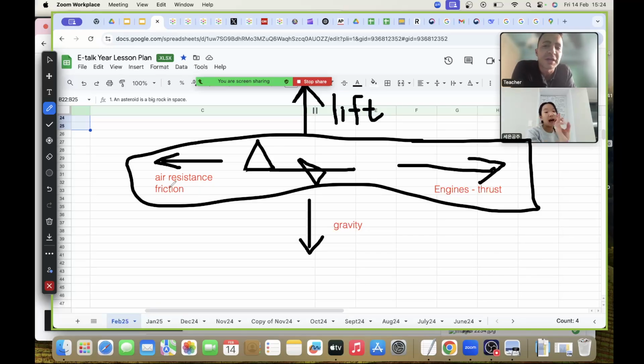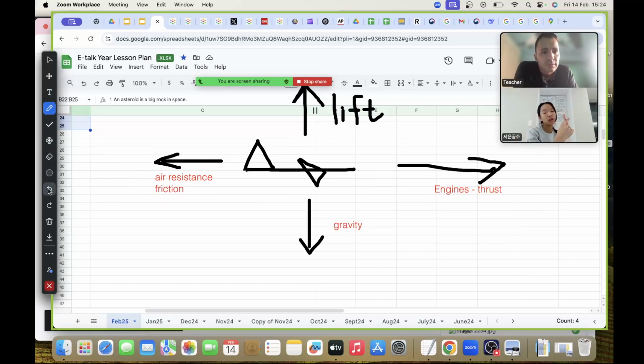Why did you say that? Because air resistance is making the airplane go forward, but engines is making the airplane go forward. So the thrust, the forward force, is greater than the air resistance.